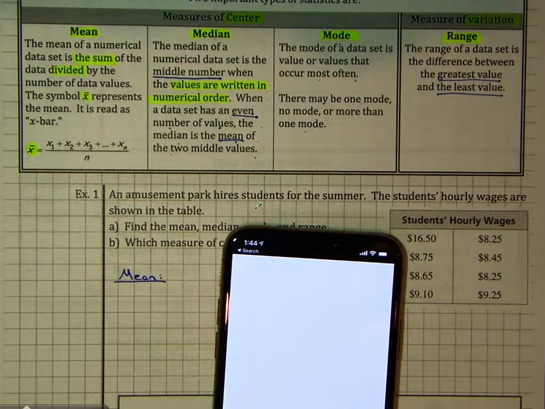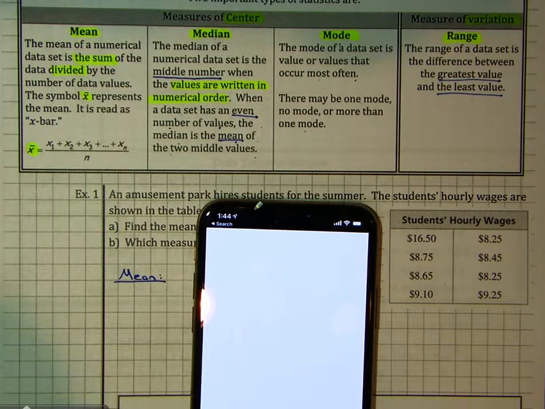So in this case, to find the mean, I'm going to add up all the numbers together. 16.50 plus 8.75 plus 8.65 plus 9.10 plus 8.25 plus 8.45 plus 8.25 plus 9.25.